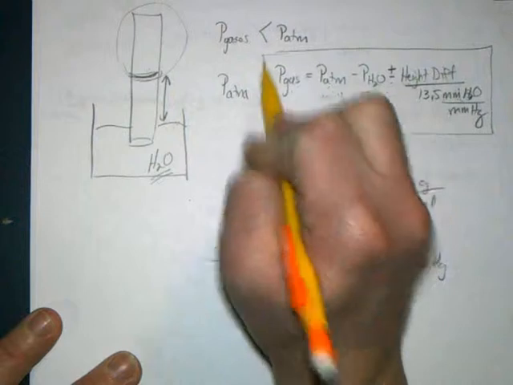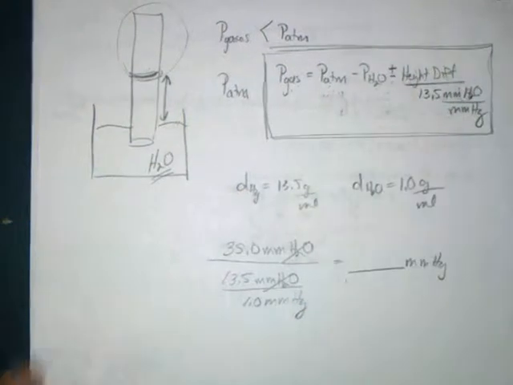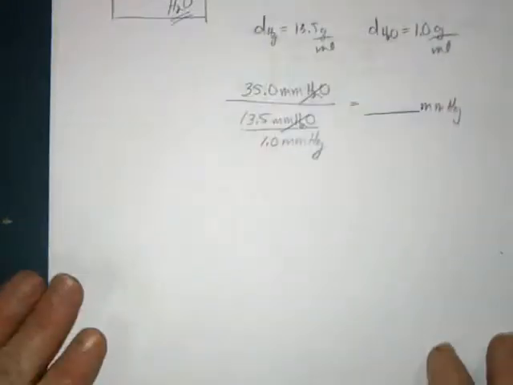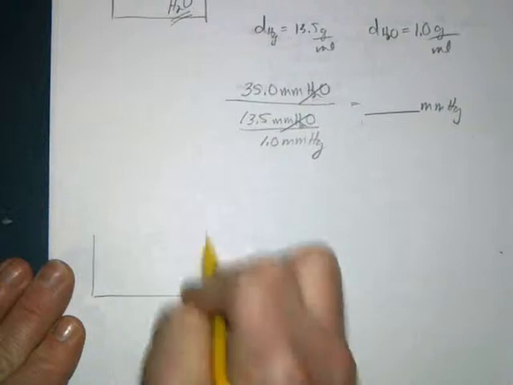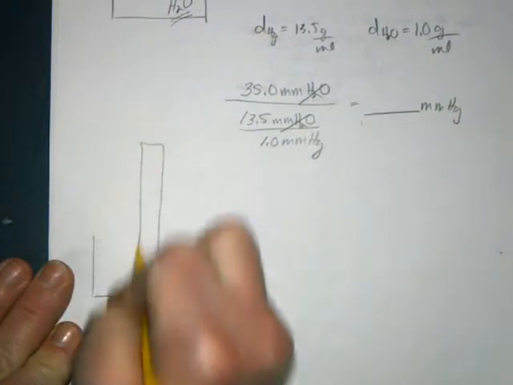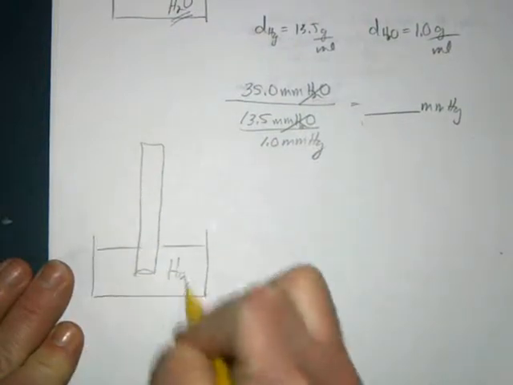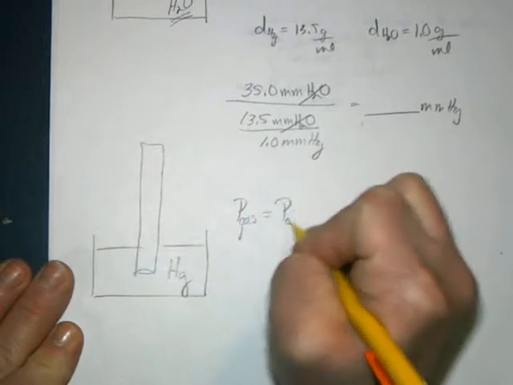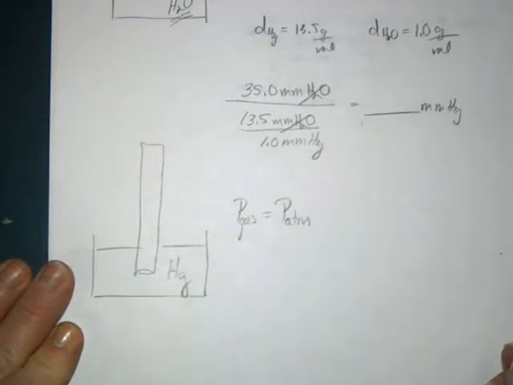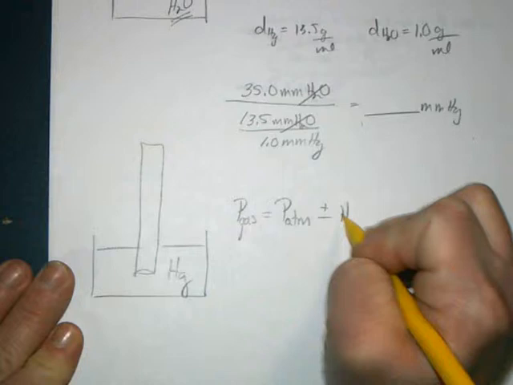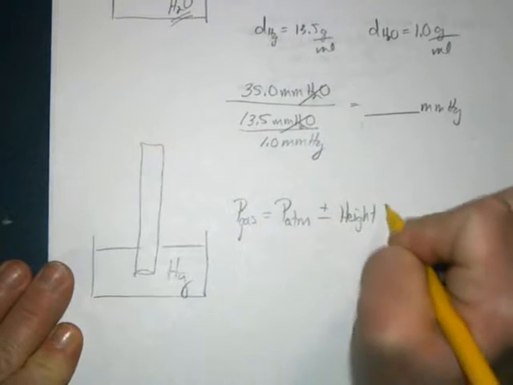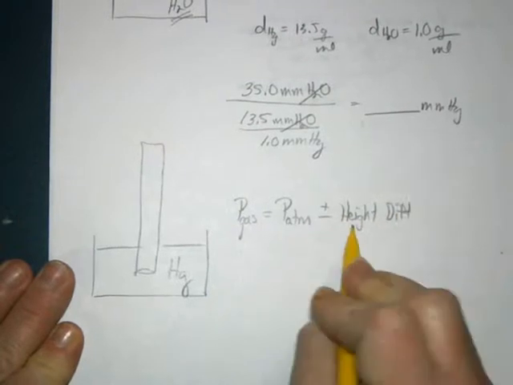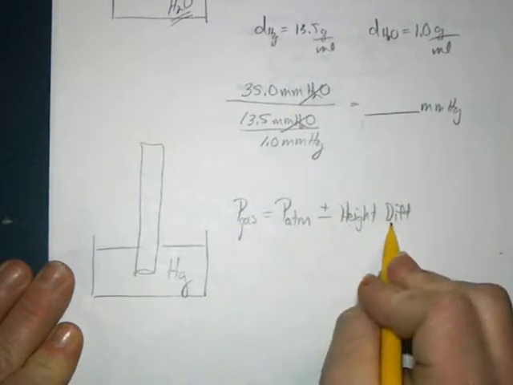Now, there is a situation where we could be collecting our gas over mercury. Because of safety reasons, of course, practically we would never do that. But in that case, all that we would need to get the pressure of the gas would be to compare the pressure of the atmosphere and then add or subtract the height difference. Because it will be mercury, so this will automatically be millimeters of mercury.